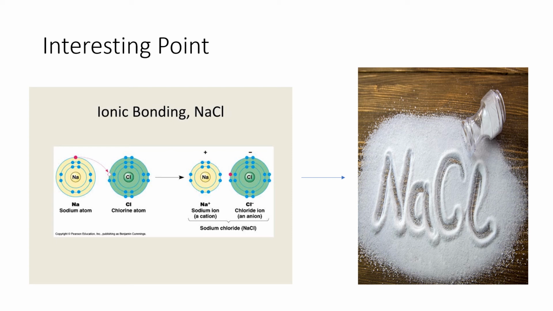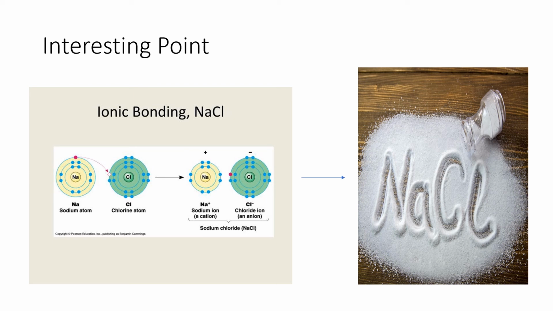So I'm just going to explain how ions and ionic bonds can contribute to something in the real world. Well, look at the picture on the left. Let's start with that. We have an atom of sodium and an atom of chlorine.